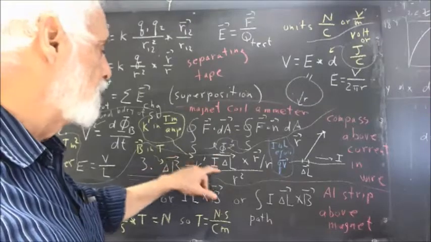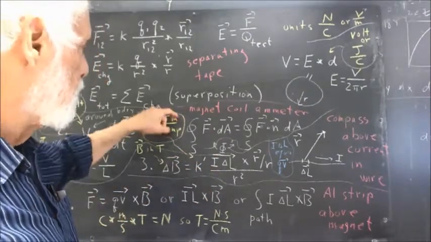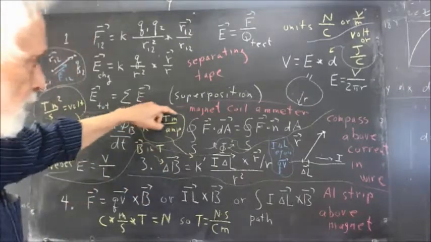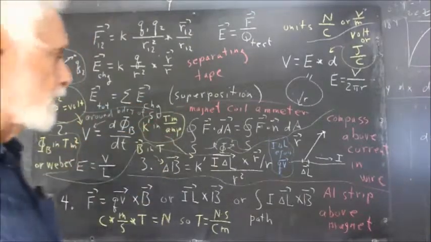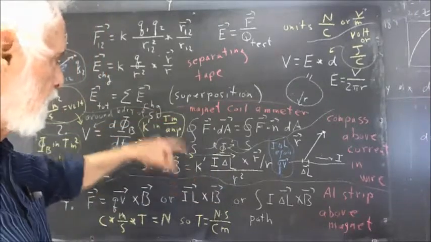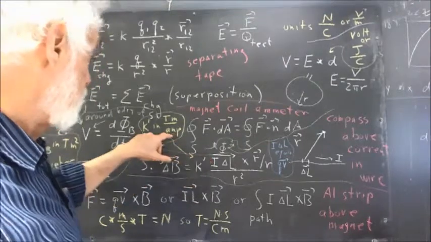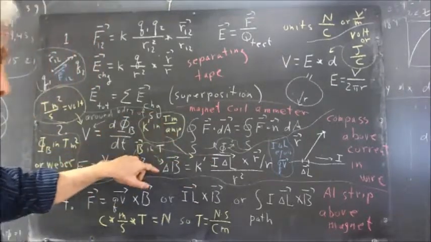So we have amps over meters here, so that K prime has to have units that involve meters over amps. So it's Tesla times meters over amps, so that the meter here and the meter squared here cancel out the meter here, and the amp here is canceled by this, leaving us Tesla for the units.